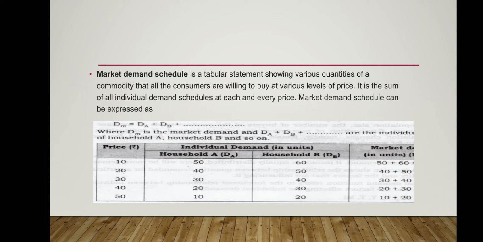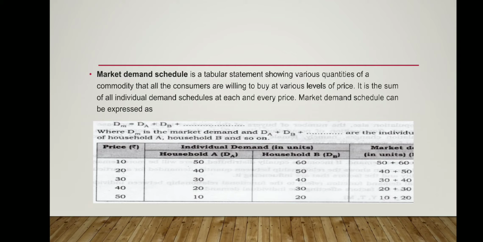Market demand schedule can be expressed as, like in this diagram, it is shown that price is 10, 20, 30, 40, and there are two individuals in the market, individual A, individual B. Individual A demanded 50 units of commodity at price 10, 40 units at price 20, 30 units at 30, 20 units at the rate of 40 and 10 units at the rate of 50.